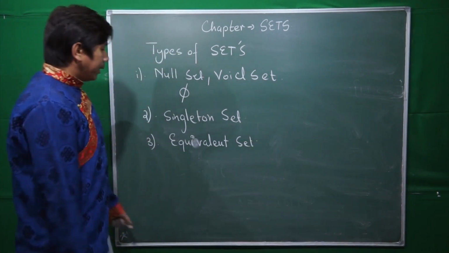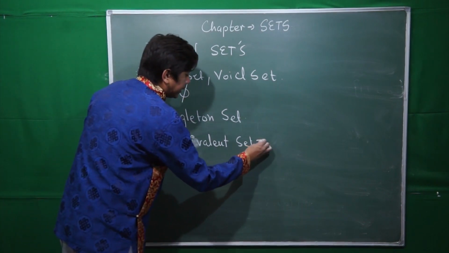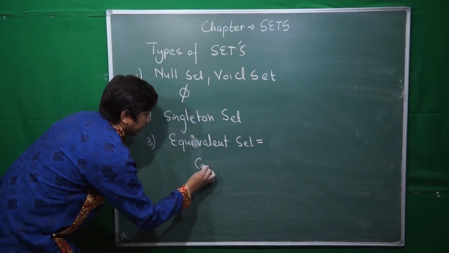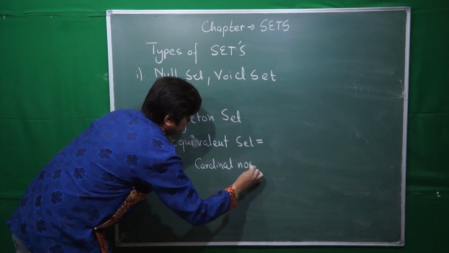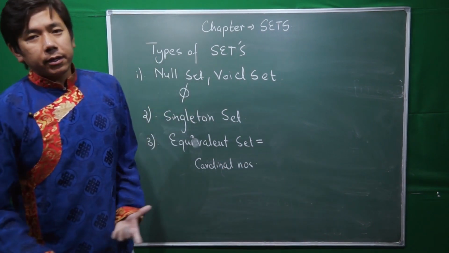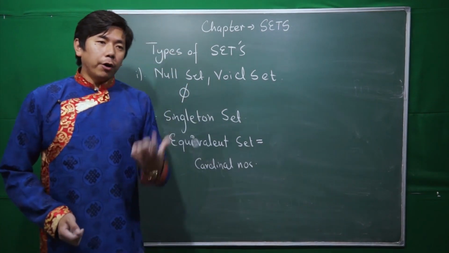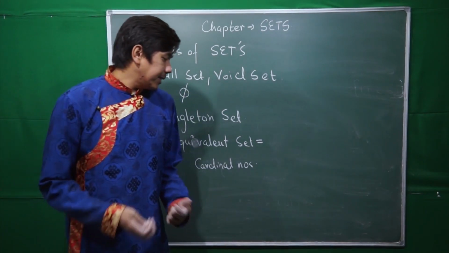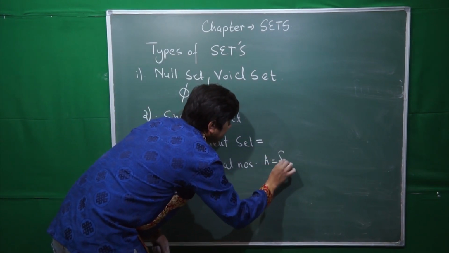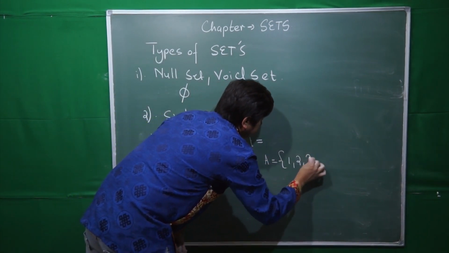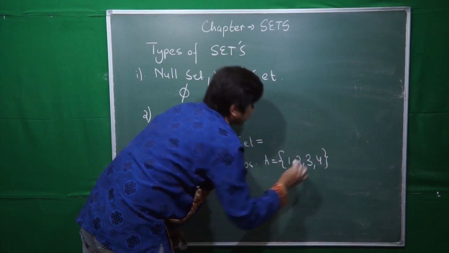Before understanding equivalent set, we should know what a cardinal number is. Cardinal number is nothing but the count of the elements in a given set. For example, in a set A, let's say the elements are 1, 2, 3, 4.